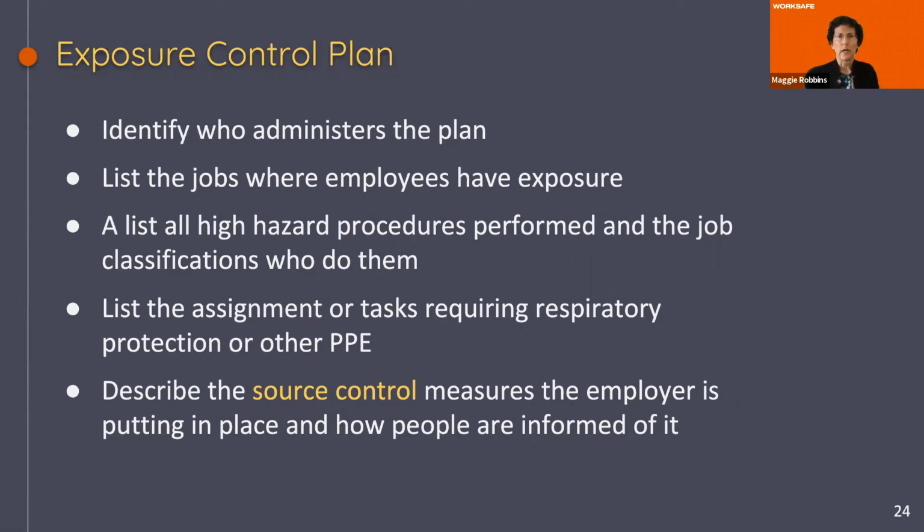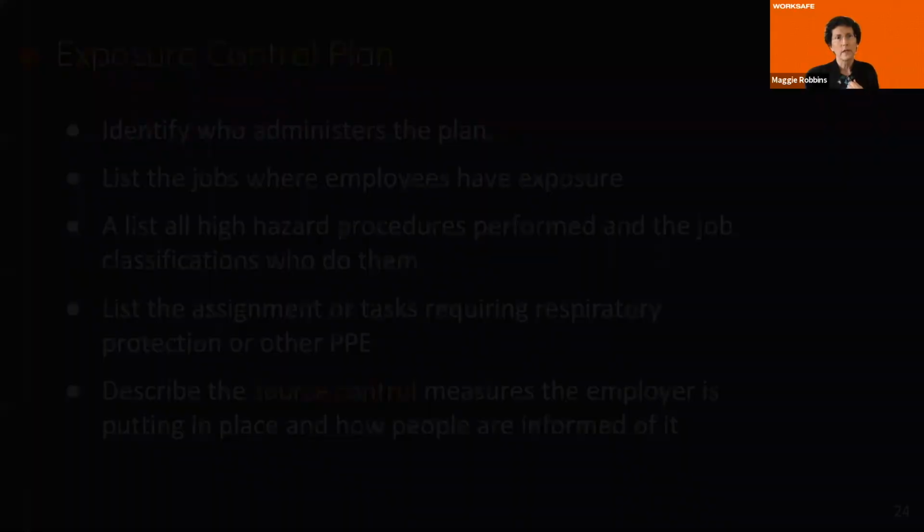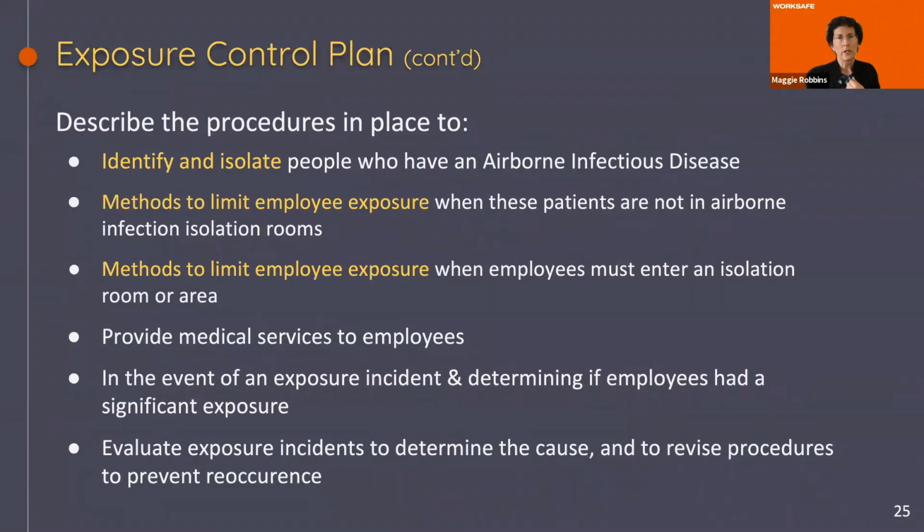It has to include how you're going to try and prevent sources. That means people who are infected who might shed this virus into the environment. So how you're going to control them so that they don't shed as much into the environment. And it requires that they really lay out a lot of the procedures and processes and equipment and tools that they'll put in place to reduce exposure.